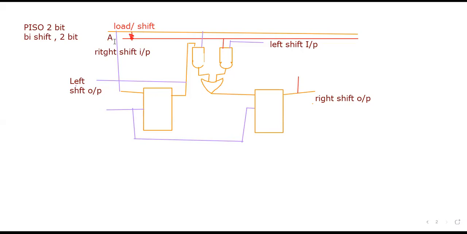So first, if it is A, then it will load input. Okay. And here it would load. Again, I can write this will also load input. This is A input, and here it would load B input. So let me try to draw.